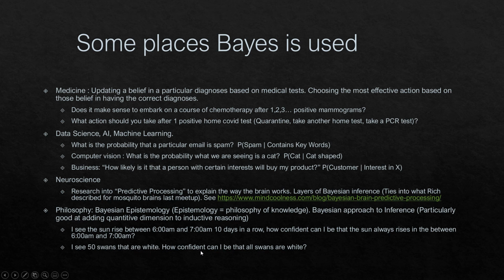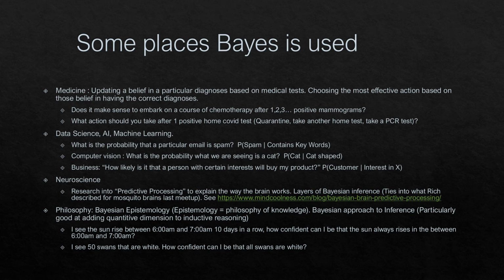But that was proved wrong when it was found out in Australia that they have black swans. So it's better to have a confidence level around these facts drawn from induction and be able to quantify it, rather than a black and white yes or no, all swans are white.